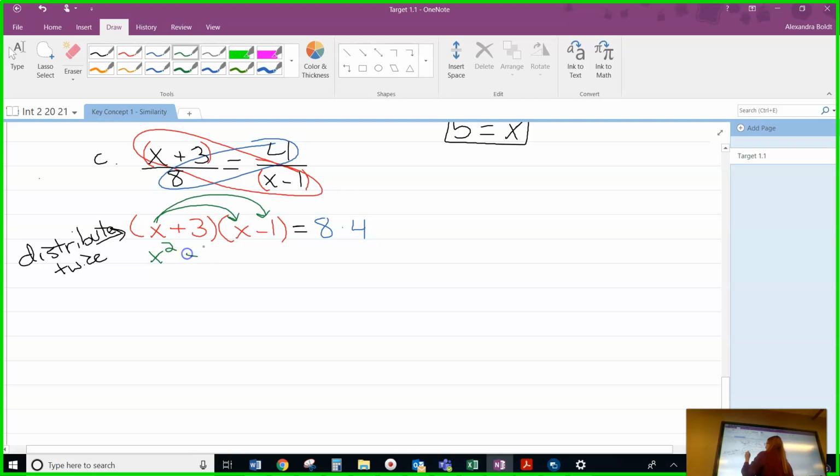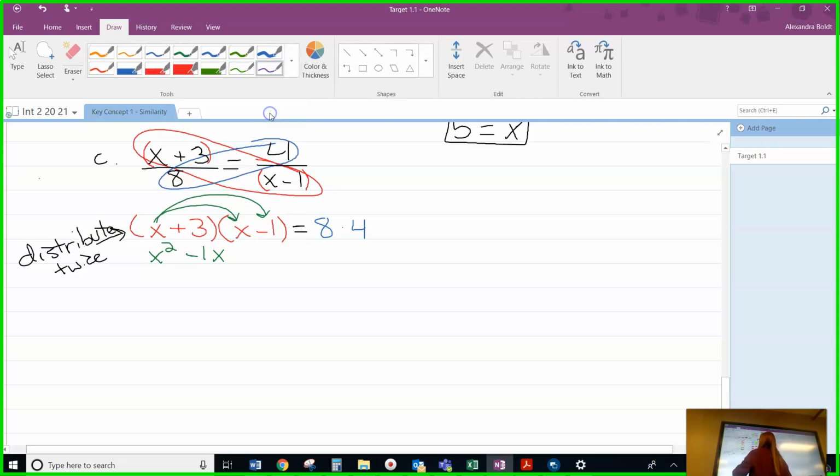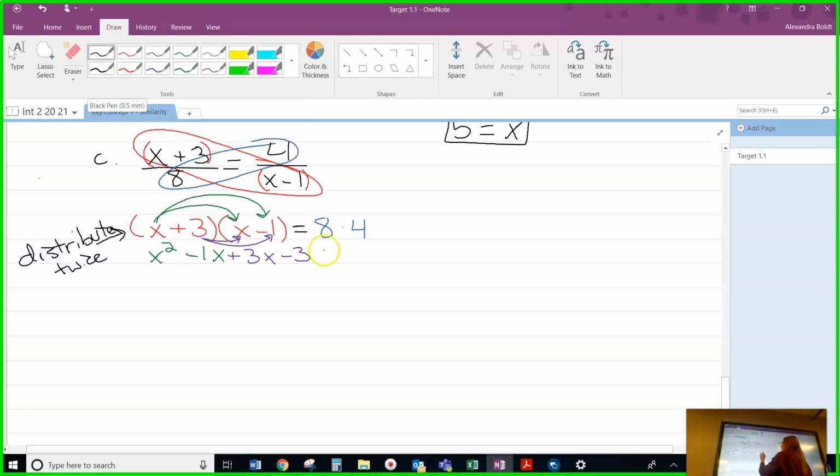X times negative 1 is minus 1x. And then I have to do the 3 times both of those things. So 3 times x is 3x. 3 times negative 1 is minus 3. And 8 times 4 is then 12.